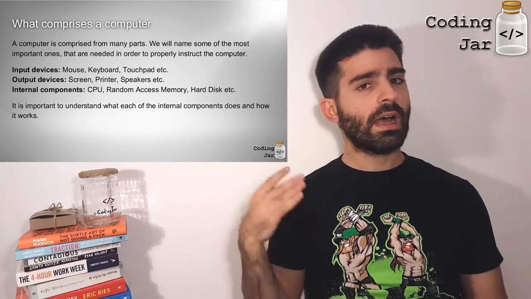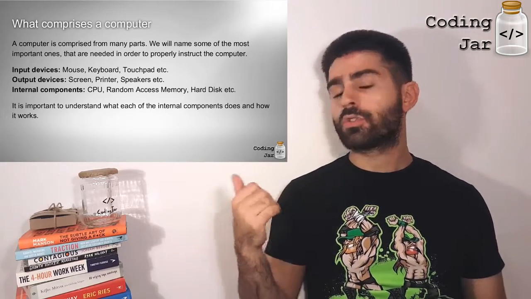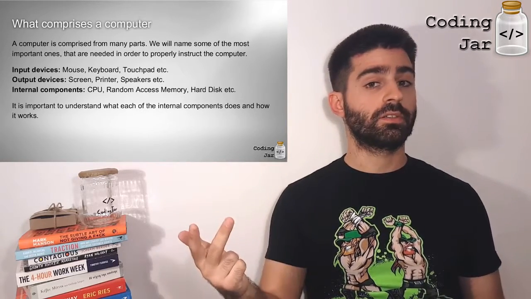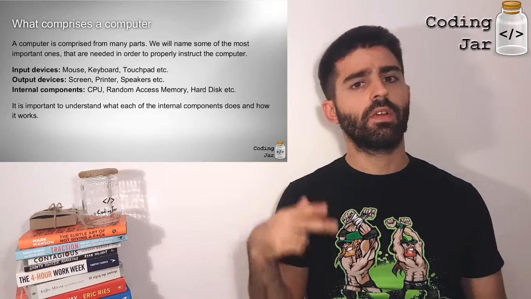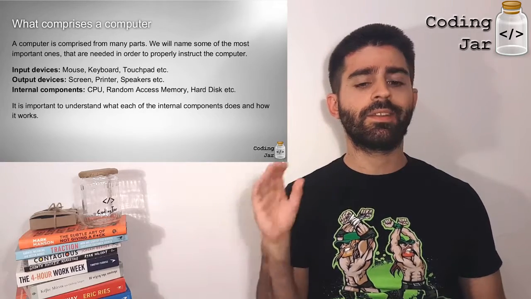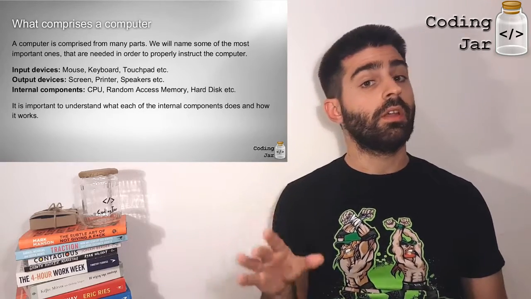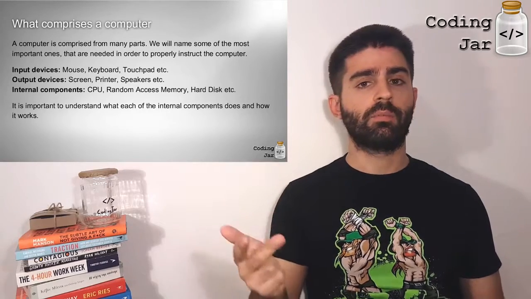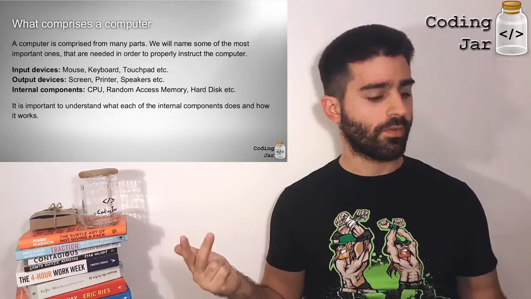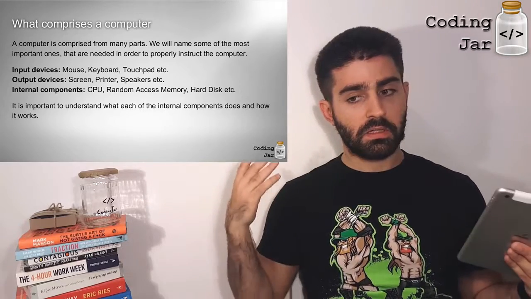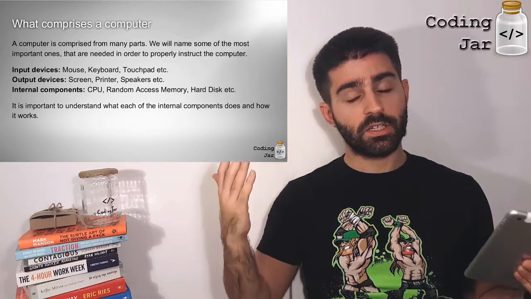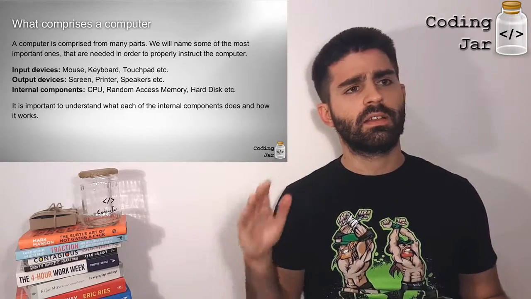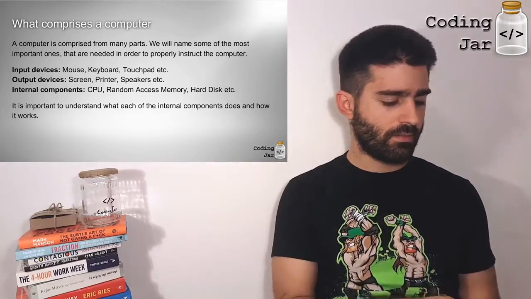And then there are output devices, like your screen, your printer, your speakers. And then there are the internal components, like the CPU, the hard drive, your RAM or memory, whatever you prefer. It would be essential to know how these work, or what they do, at least at a very high level, to understand what they are.